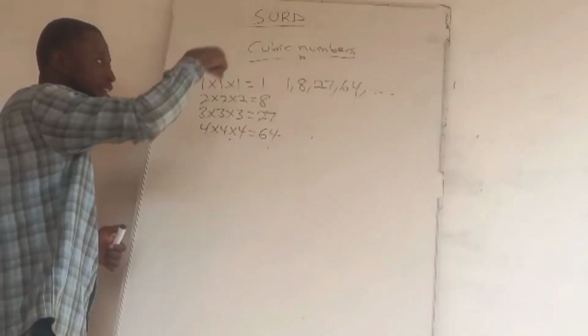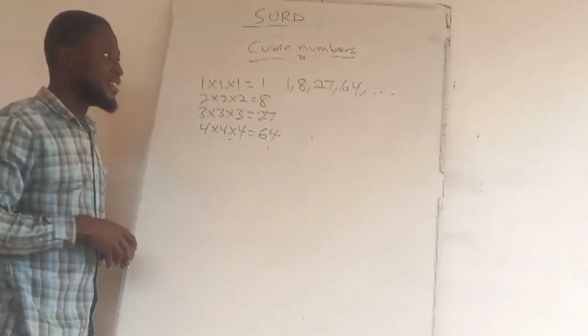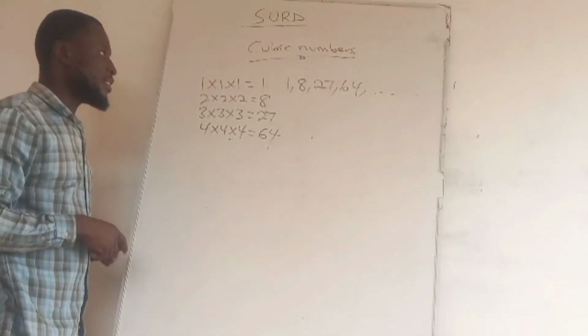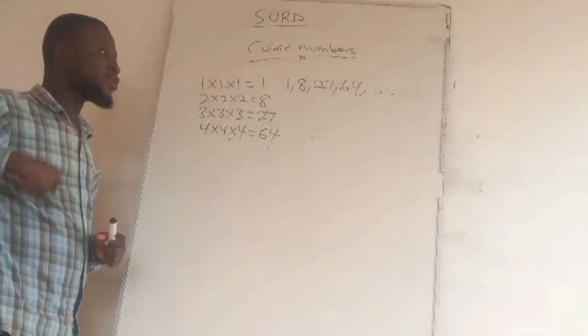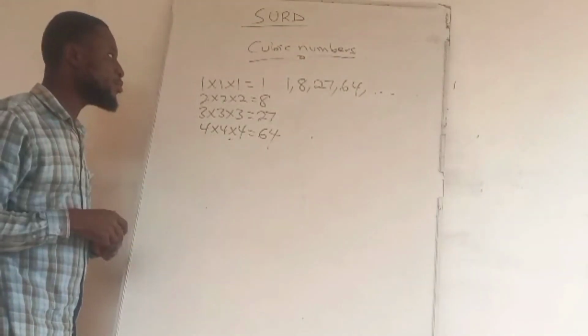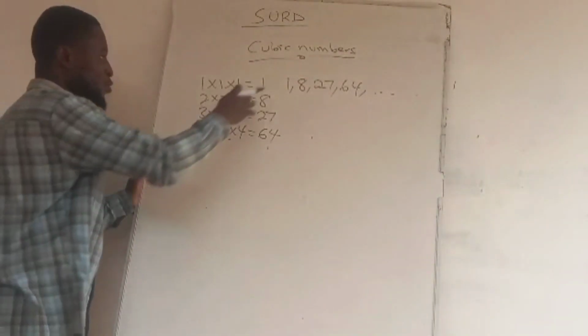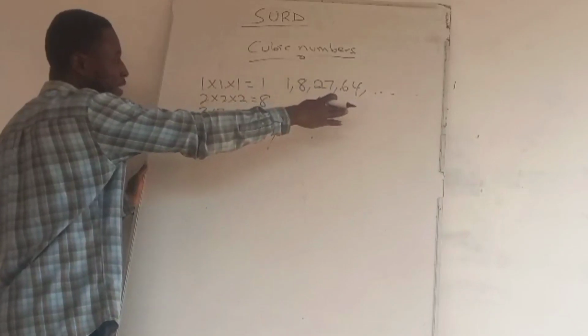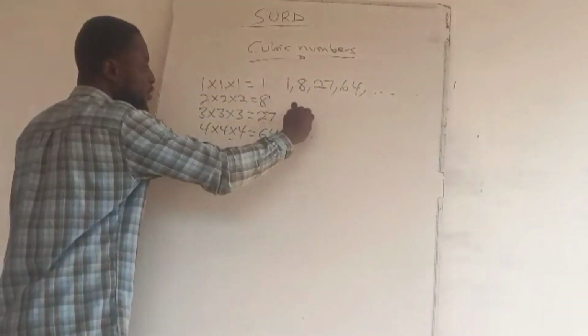So the numbers that do not fall within these numbers, you are going to cubic root those numbers, and those numbers are going to give you a set. So which number won't you find here? You won't find 2 here.